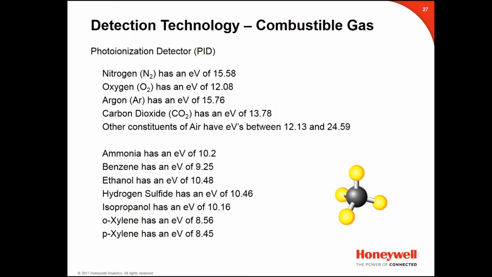So none of our atmospheric gases are going to be ionized by the 10.6 EV lamp, which is good because we don't want our sensor going off to normal air that we breathe. As you can see, ammonia and benzene, ethanol, hydrogen sulfide, isopropanol, xylene, O-xylene, and P-xylene all have ionization potentials below 10.6 EV. Therefore, all of those gases can be detected using the photoionization detector.